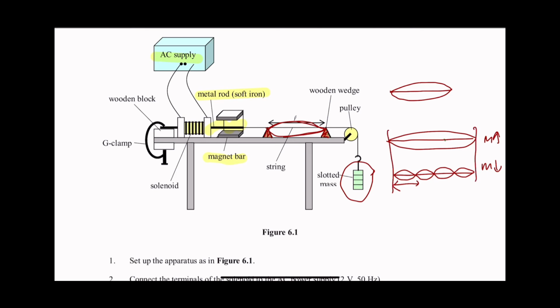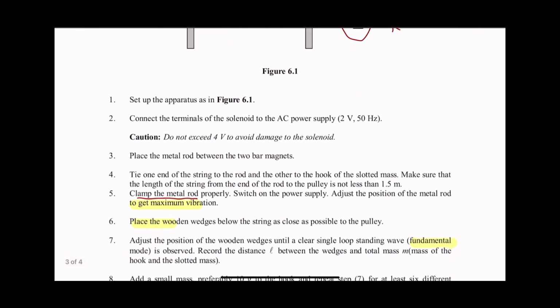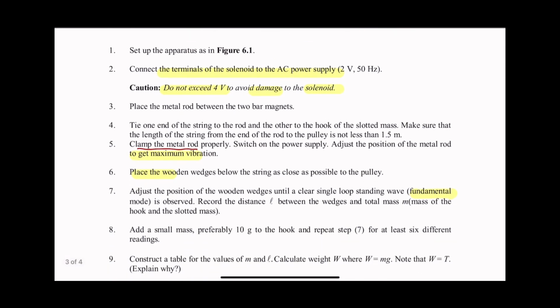Okay, an example. Alright, next, set up the apparatus. Connect the terminal of the solenoid with the AC power supply to have a vibrating wire. Do not exceed 4 volt to avoid damage to the solenoid. Place the metal rod between two bar magnets. Tie one end of the string to the rod and the other to the hook of the slotted mass.